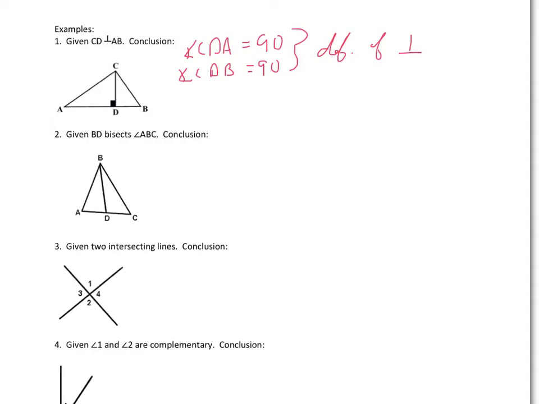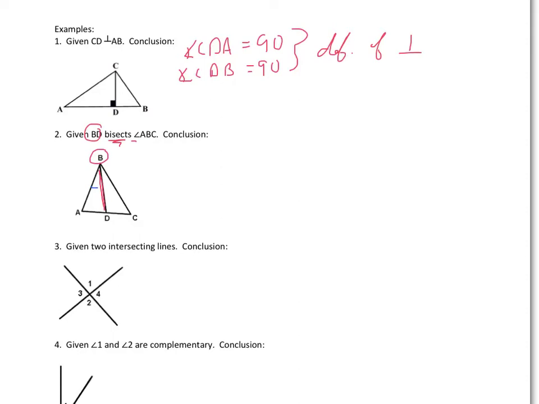Number 2, given that BD bisects angle ABC, what do we conclude? Now we have to read this very carefully so we know exactly what is bisecting what. It tells us that BD bisects an angle. So BD bisects angle ABC. So it's going towards the angle ABC, so it cuts this angle in half. Here's your bisector.